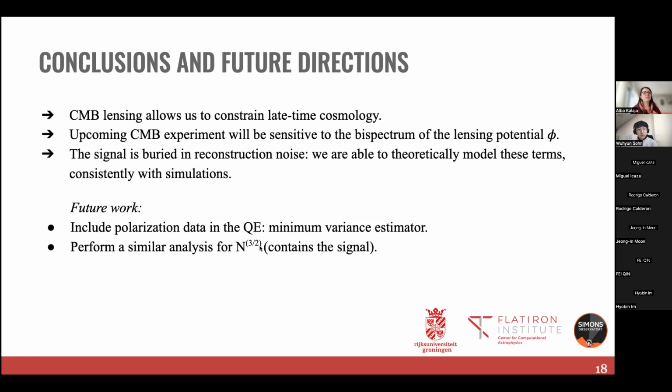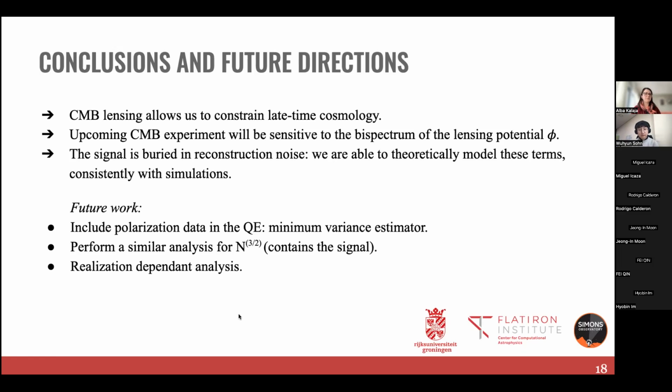Then, what we're working on actually is to perform a similar analysis on N3 halves, because this term contains the signal, so contains the bispectrum, so it needs to be taken into account very carefully, because it might bias the bispectrum a lot, especially at high L's, where we expect it to be more important.